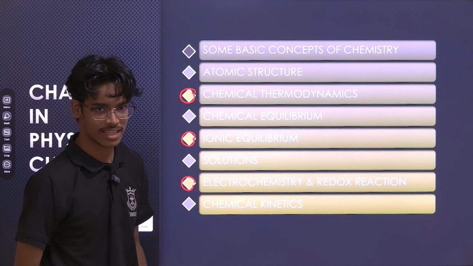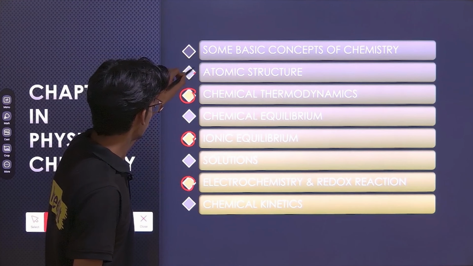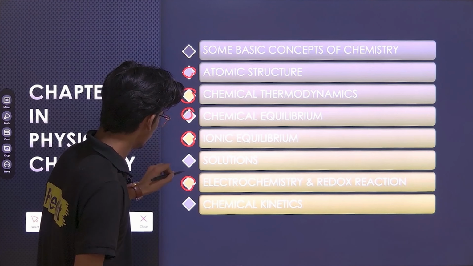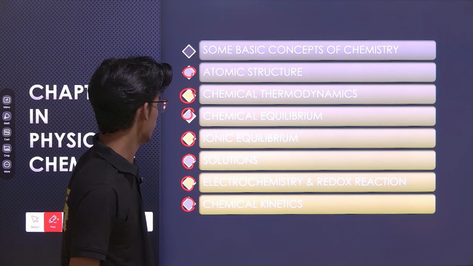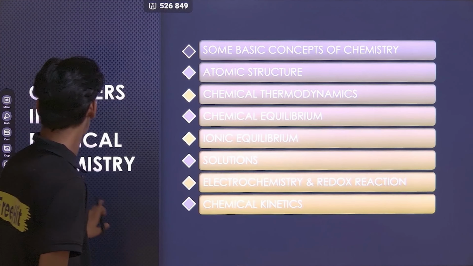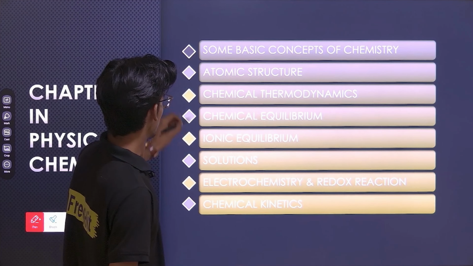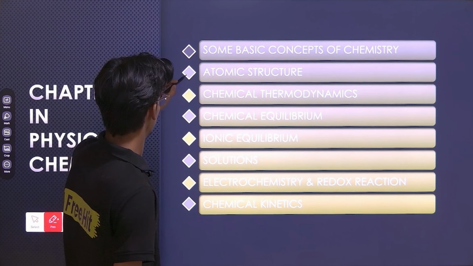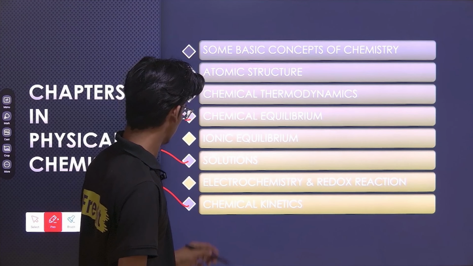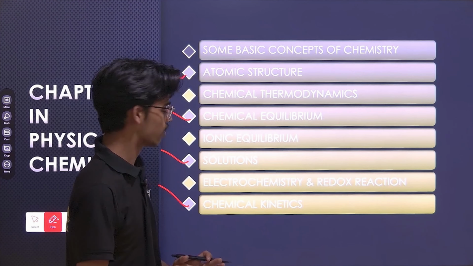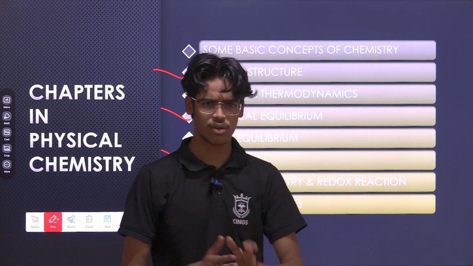The second degree of importance goes to atomic structure, chemical equilibrium, solutions, and chemical kinetics, those marked with gray. From these chapters you can expect around 2 to 3 questions.